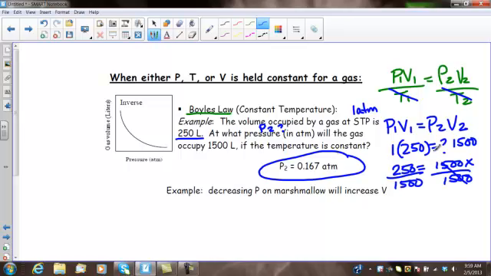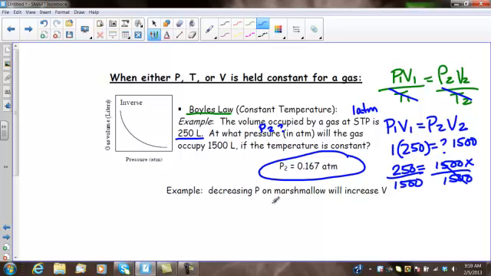Let's look at what happened here. My volume was 250 liters. I increased the volume to 1,500 liters. So if I increase the volume, then what happens to the pressure? The pressure has to decrease.